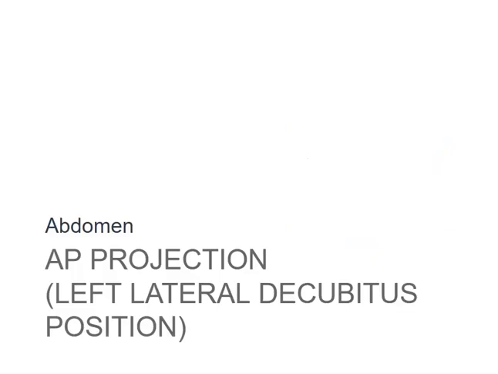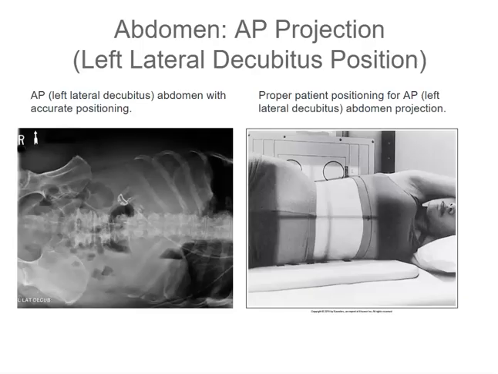Let's move on to the AP projection, left lateral decubitus projection. Image analysis guidelines for the abdomen AP lateral decubitus state that an arrow or a word marker should be placed on the image to indicate that the right side of the patient was positioned up and away from the imaging table.